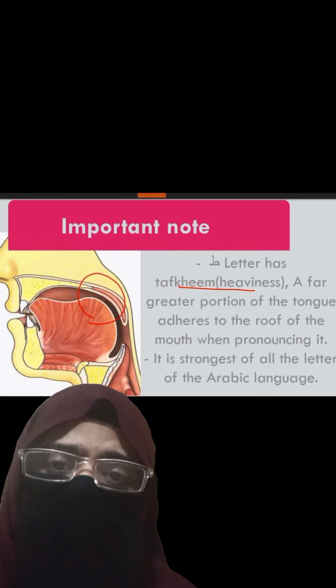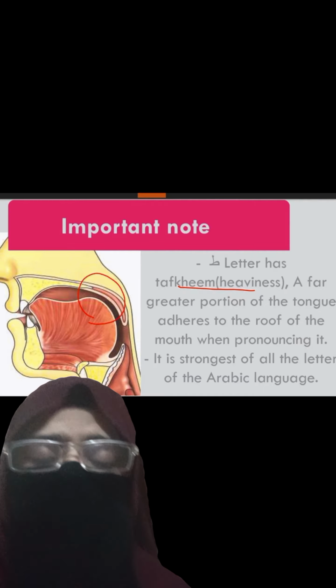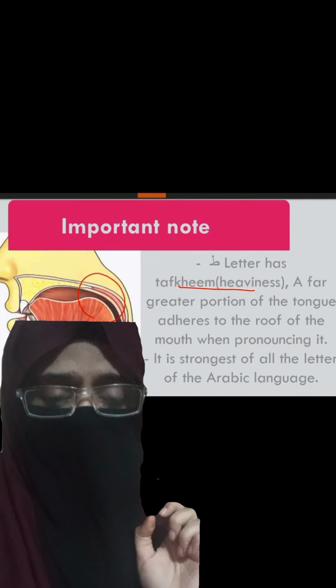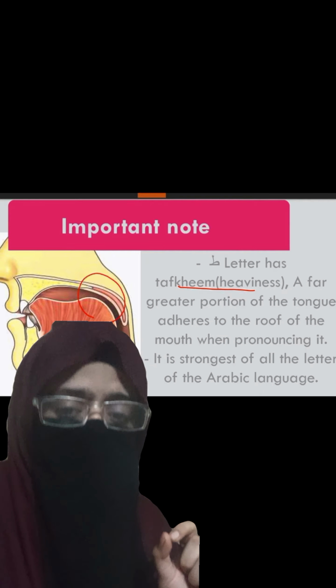So I'm not talking about the practicing material, I'm talking about the pronunciation wise. So just talking about the subject material, my dear friends.